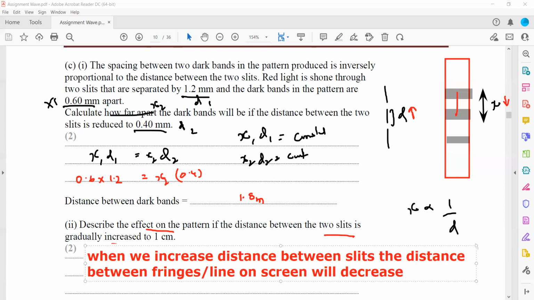And because it's of 2 marks, so one, as we are increasing the distance, a time will come when there will still be fringes provided by overlapping.